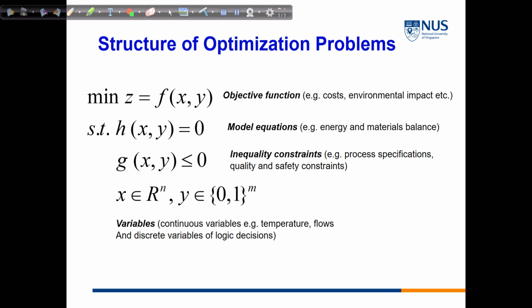Here we just use x, y to indicate the process variables, z to be the objective function for cost, for we can minimize the cost, minimize the environment impacts, subject to the model constraints of the equations describing the process, such as energy and materials balance, and inequality constraints, such as the process requirement, safety constraints, and your variables can be continuous variables or discrete variables, binary variables, to be the logic decisions.